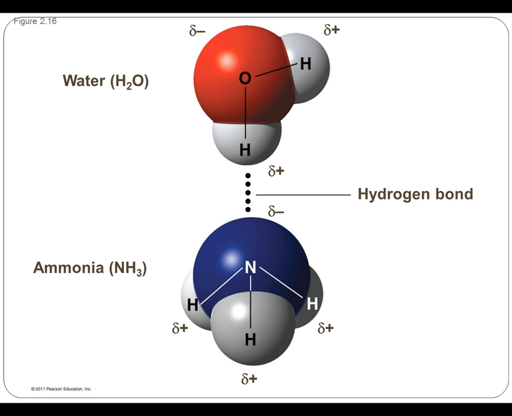However, as a result of that water molecule, we know that the hydrogen becomes a little bit positive. That electrical attraction allows for it to form an interaction or a hydrogen bond with something else that is negatively charged. And so the hydrogen bond in this image is illustrated by the dashed lines.